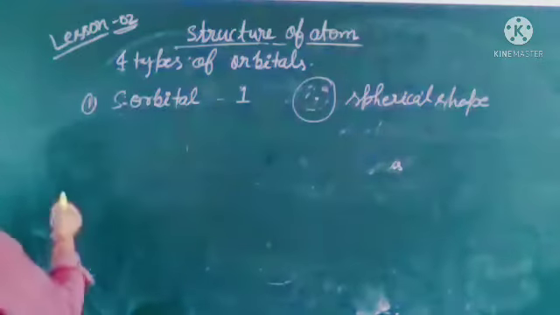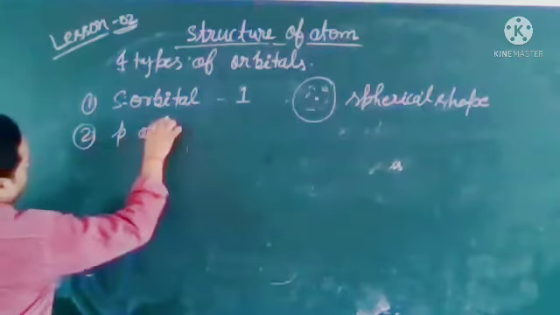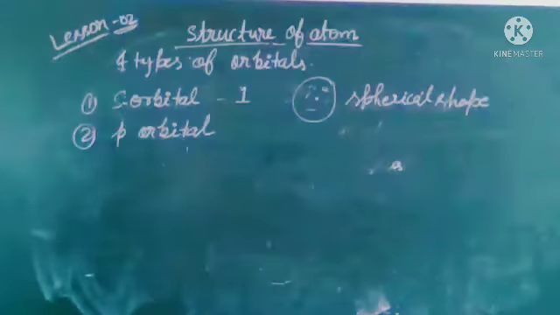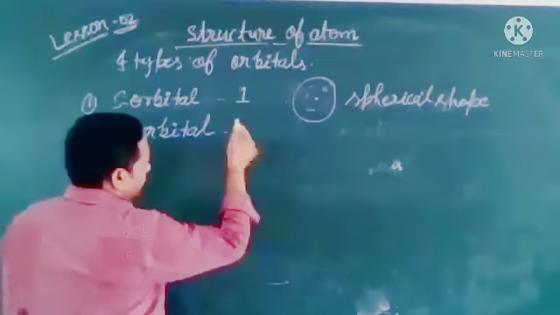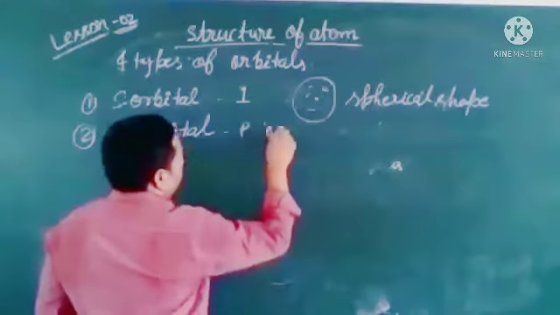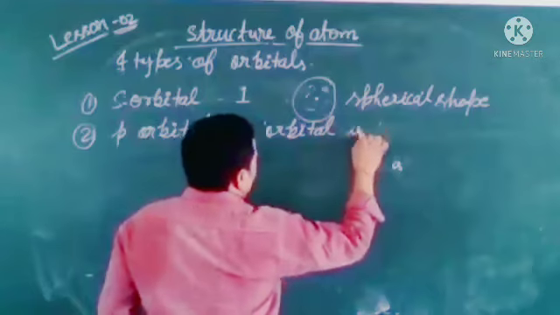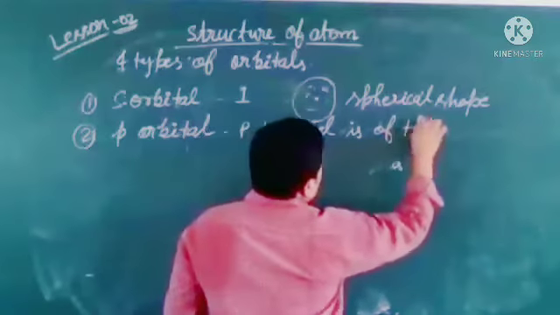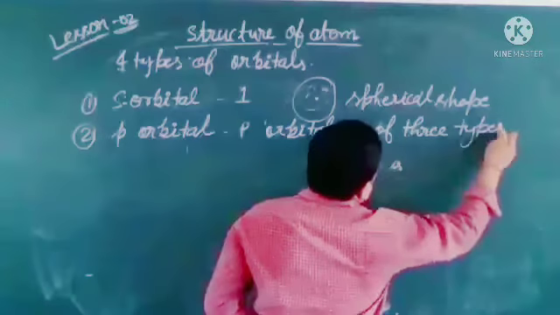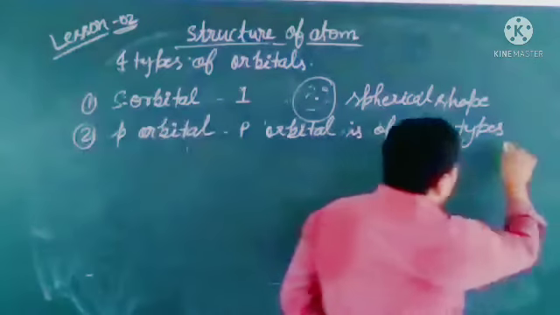Next, p orbital. The p orbital is of three types.